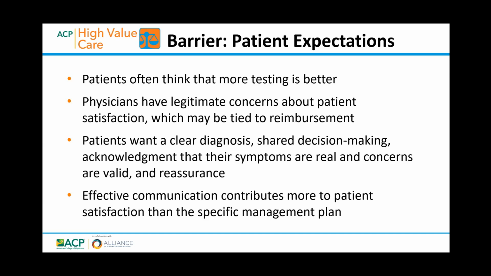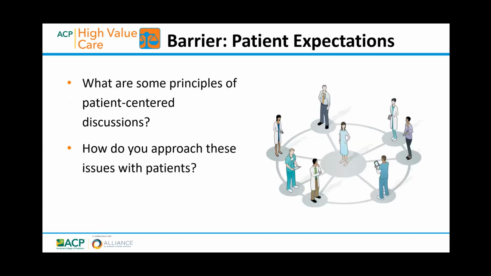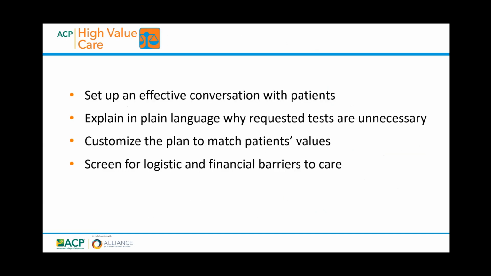You often struggle with patient satisfaction, trying to give your patients clear answers and minimizing the uncertainty for them. And the main way that we can overcome that obstacle is through patient-centered discussions and using your whole team to help patients' understanding of what's going on.